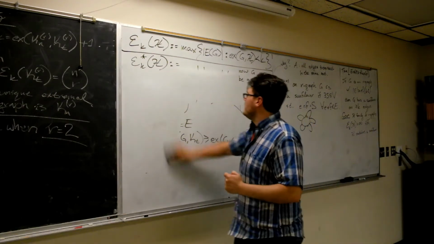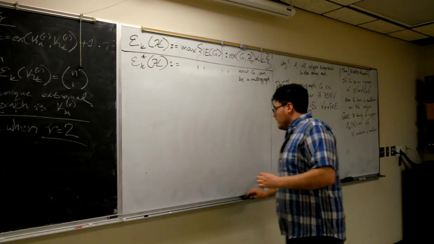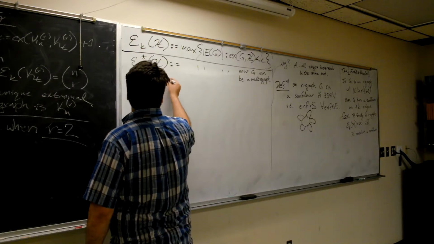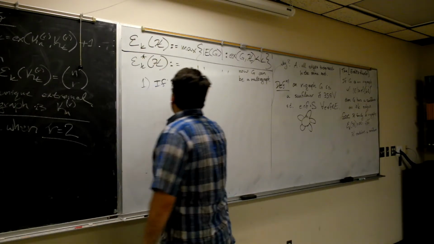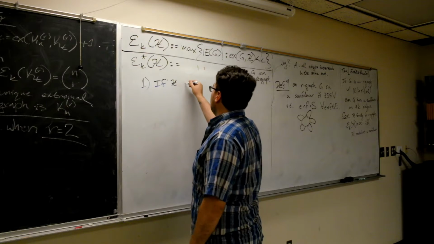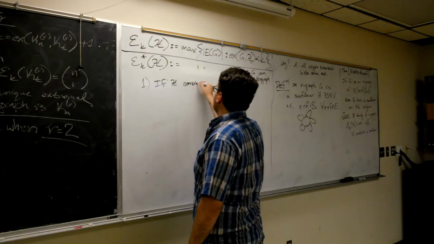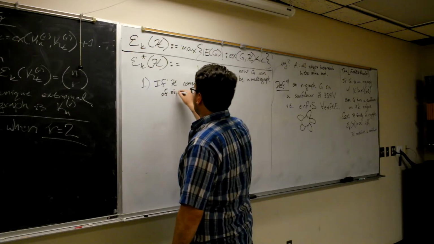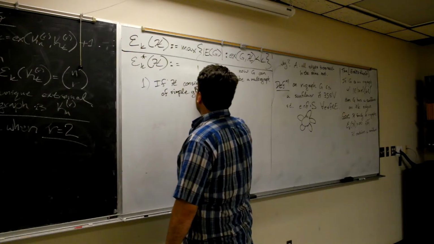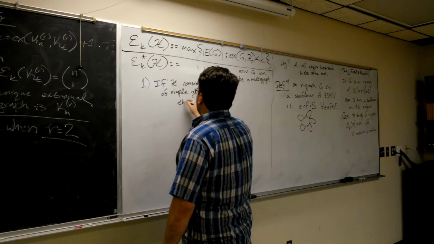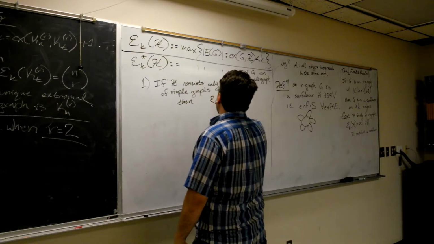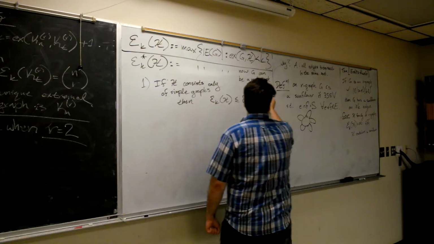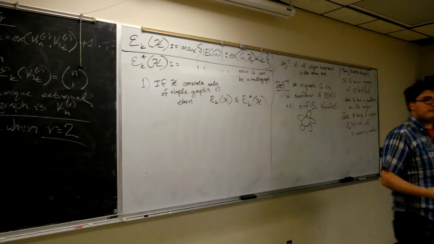I'm going to erase this. And I want to point out a few facts. In fact, the one that's important is that if H consists only of simple graphs, which is everything we've dealt with so far, then EK of H is at most EK star of H. I could only do better by allowing myself more freedom.